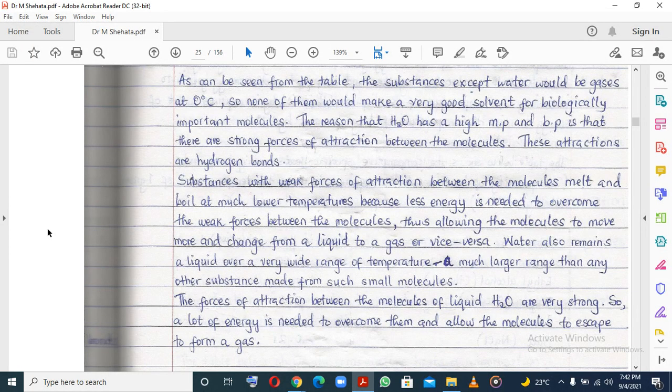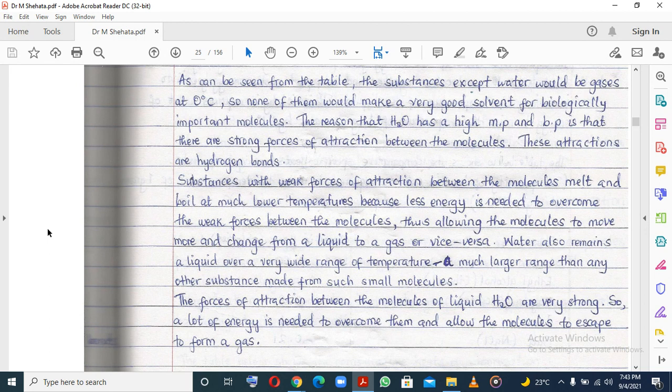If we look at, for instance, hydrogen sulfide, there are no hydrogen bonds between the hydrogen sulfide molecules. So when you put in energy to increase the distance between these molecules, they gain energy, begin to move around, and become gaseous. All the energy that you are putting in goes into the separation of those molecules.